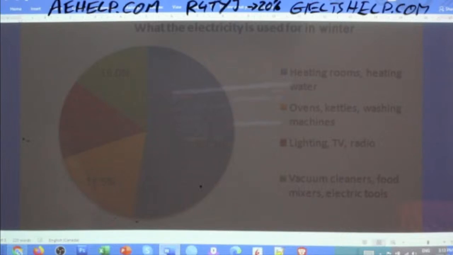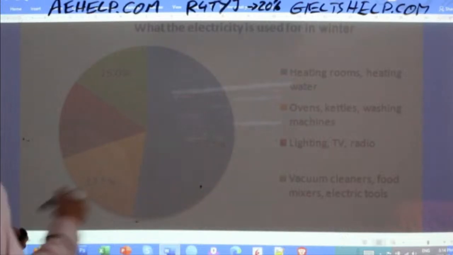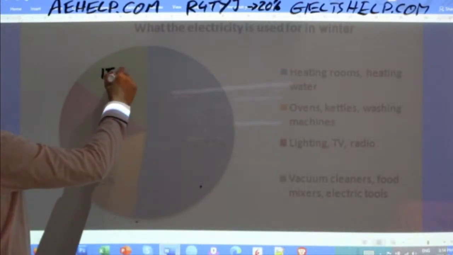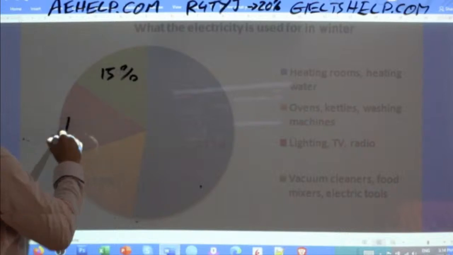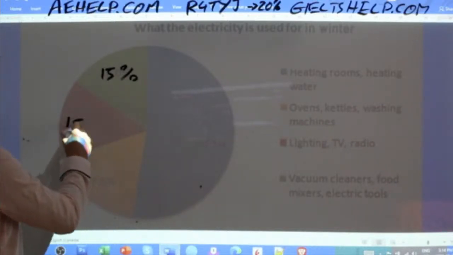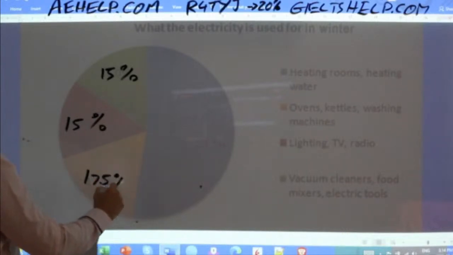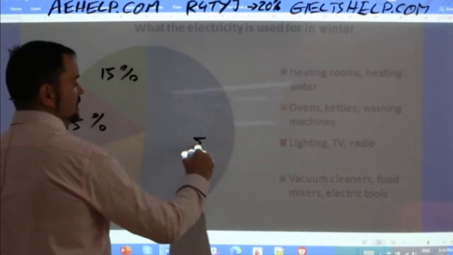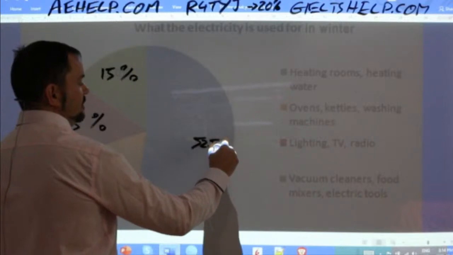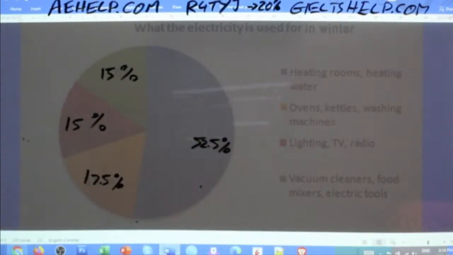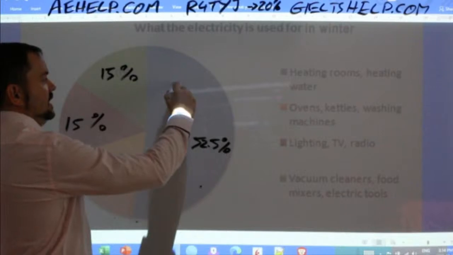So this is the pie chart, and this is what the electricity is used for. You have a slice at 15%, another slice at 15%, one at 17.5%, and one at 52.5%.